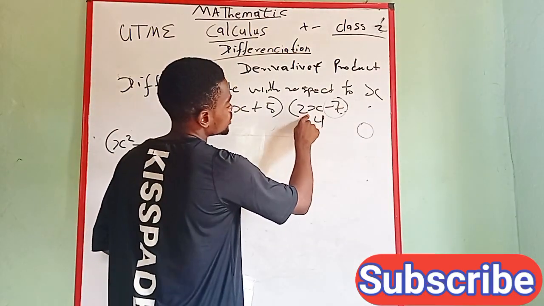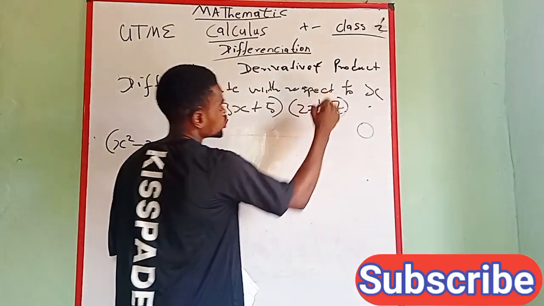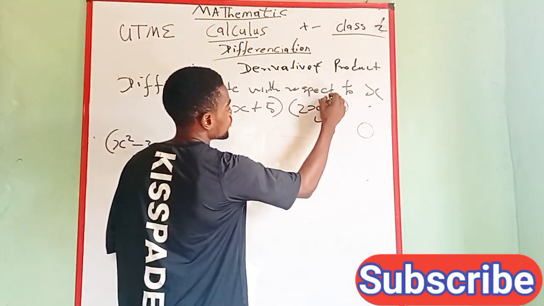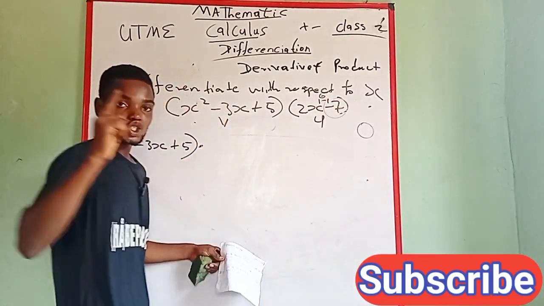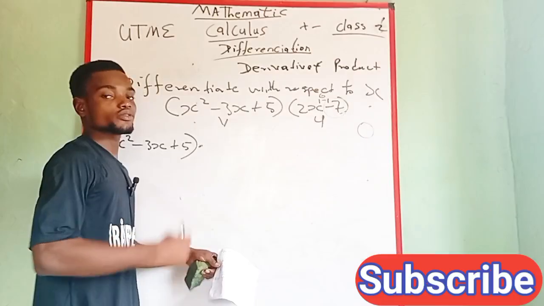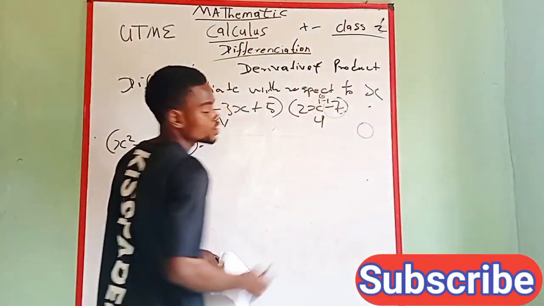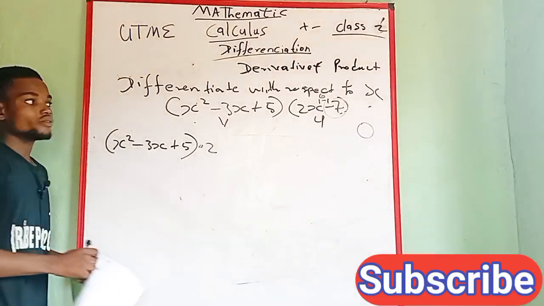Now differentiating 2s, s has an invisible power of 1. Once I minus 1 from that 1, what is remaining here is 0. And s raised to power 0 is 1. So now that invisible 1 multiplied by 2 is going to give us 2. So I've differentiated this bracket.